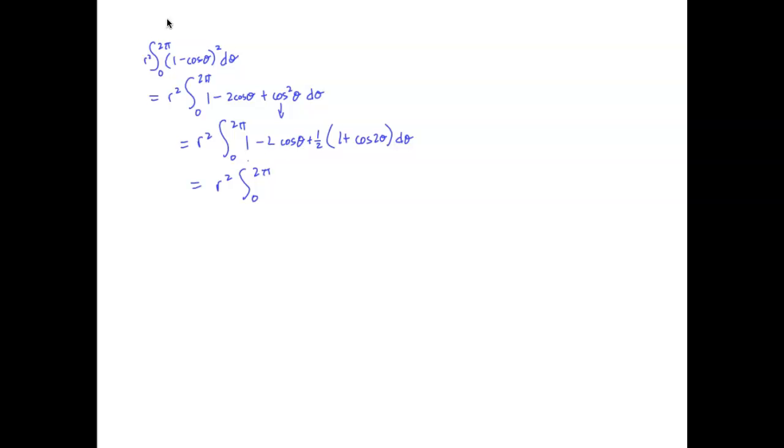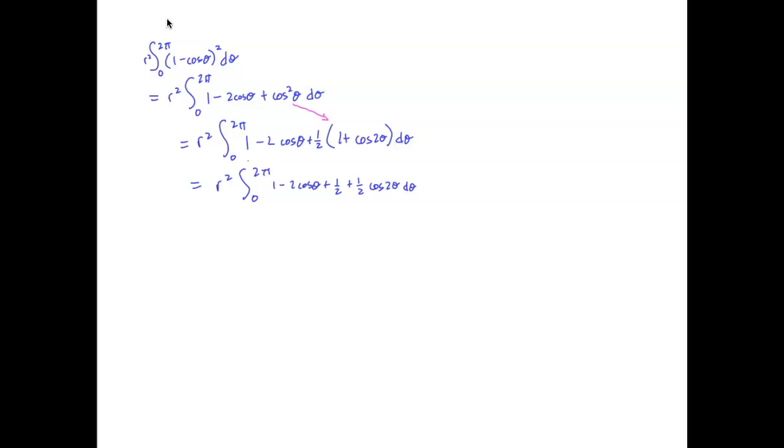That arrow should actually be pointing here. That's just a trig identity. So then 1 minus 2 cosine theta plus 1/2 plus 1/2 cosine 2 theta d theta.